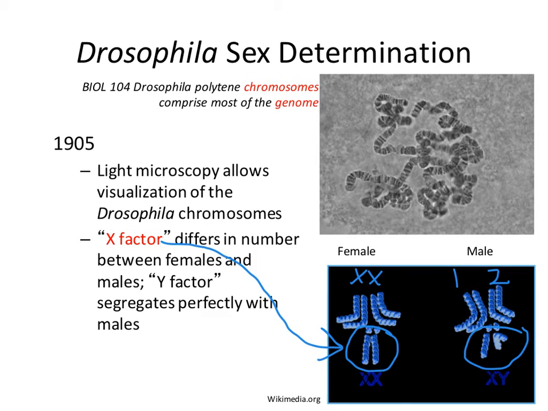So why do I emphasize the word correlation? What other C word could I use besides correlation? Pardon? Causation. Right? There's a critical difference in science between looking for a correlation and a causation.